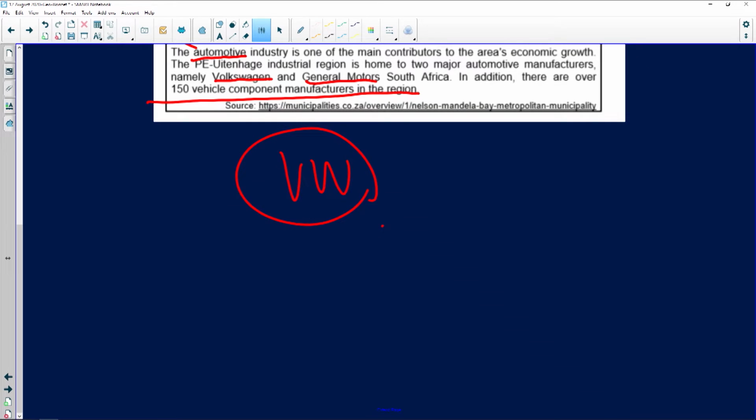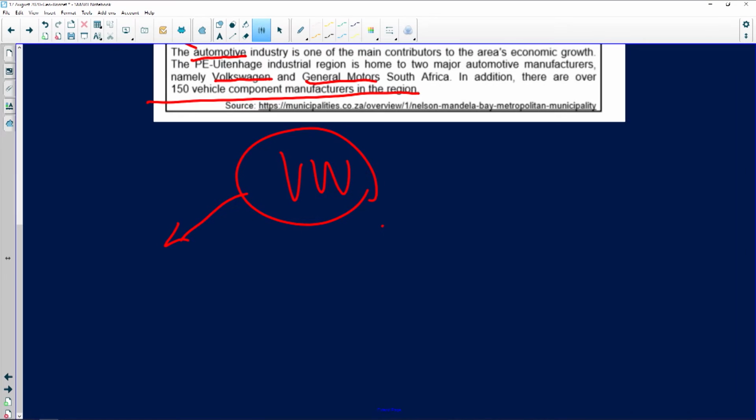Do you think Germany is going to export glass to South Africa? No. So what basically happens? Your uncle has got a glass fitment business, right? But now VW said, listen, we're opening a plant in Port Elizabeth. So what's your uncle going to do? Immediately, he's going to open a branch for glass fitment because all cars need glass. So we're just talking glass.